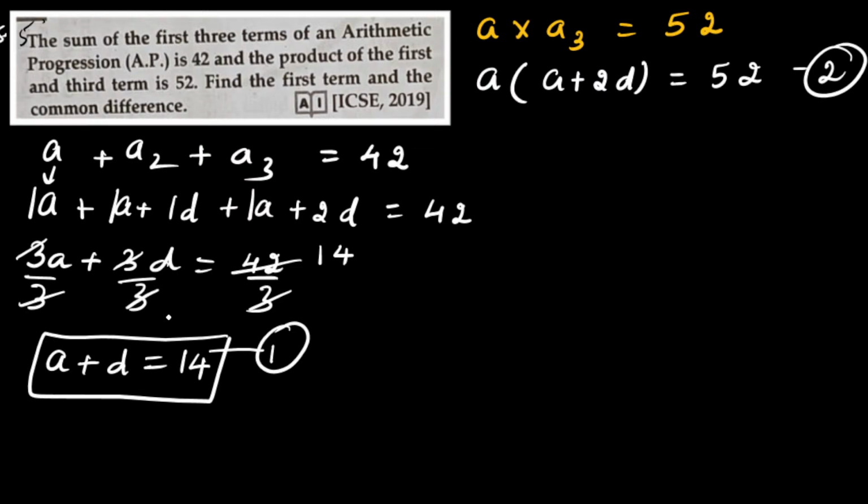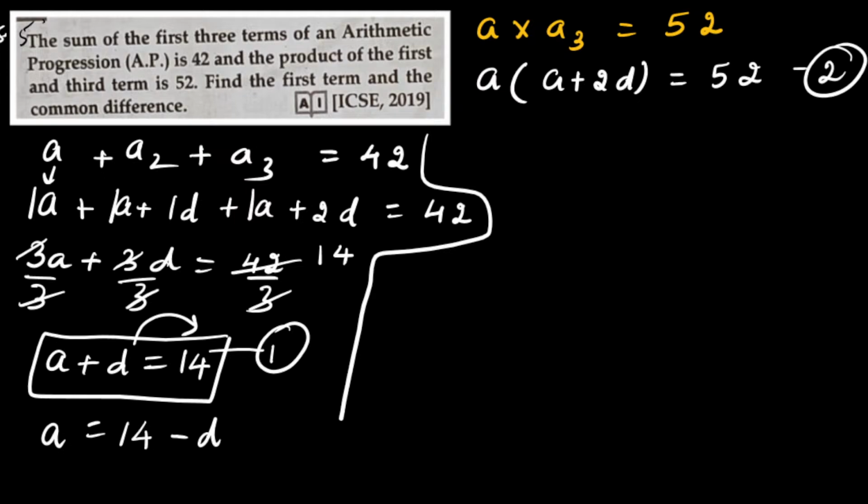From the first equation we can find the value of A, shifting D to the other side. When plus D is shifted to the other side, it becomes A is equal to 14 minus D. This value of A we will substitute in our second equation.